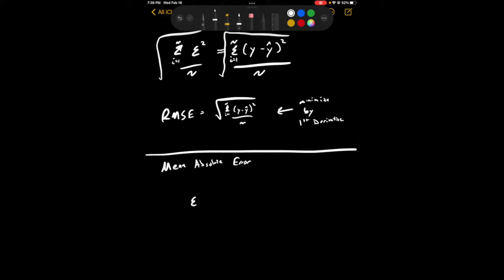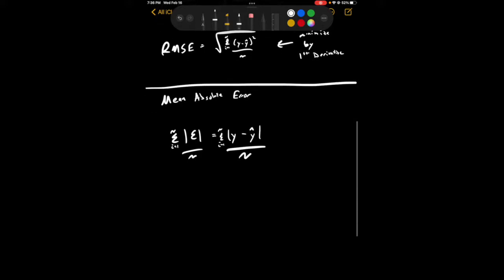So let's start by getting the error, difference between the model and the predictions, and we're going to make it positive this time just using the absolute value, and then we'll get the mean here. And this is actually already on the same scale as the y values, so we're done. So the formula for the mean absolute error is just the mean of the absolute errors. Very simple, right?